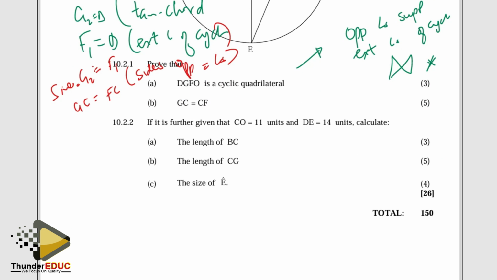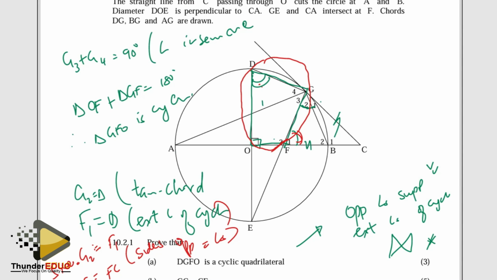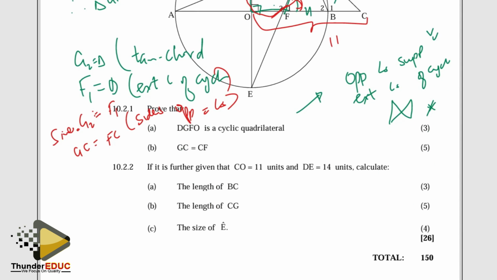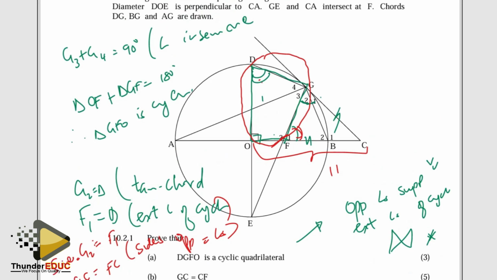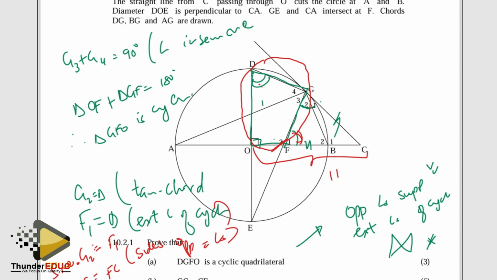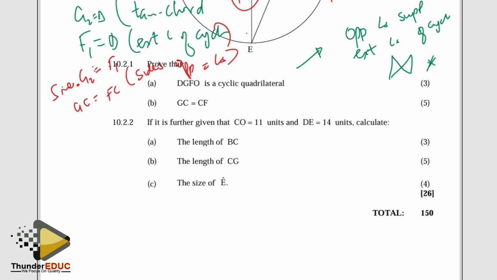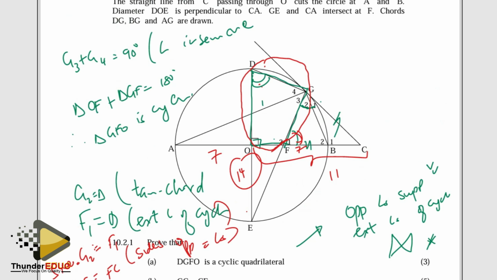Then it's further given that CO is 11. All of this is 11. DE is 14. DE, the diameter, is 14. That's a 7. Then they want the length of this. Where is this?